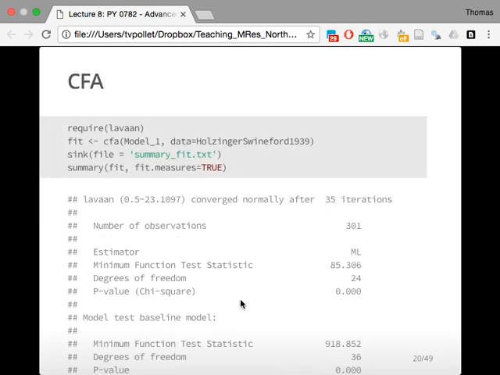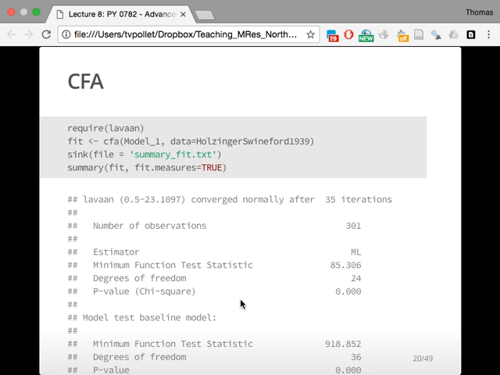Okay, now to do the actual analysis. Again, I've just called Lavaan again because R is forgetful. So in every single chunk, I will try and remember to call things. So fit CFA for confirmatory factor analysis, the model that we just described between those single quotes, and the data it has to use.